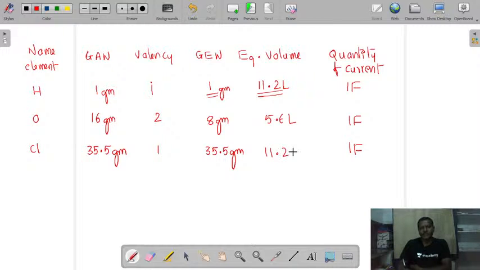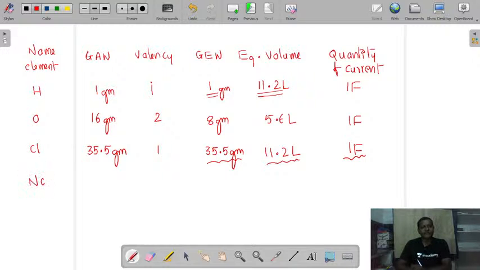And 35.5 grams of chlorine occupies 11.2 liters of volume at STP. Therefore, to deposit 35.5 grams of chlorine, or to liberate 11.2 liters of chlorine, 1 Faraday of current is required.